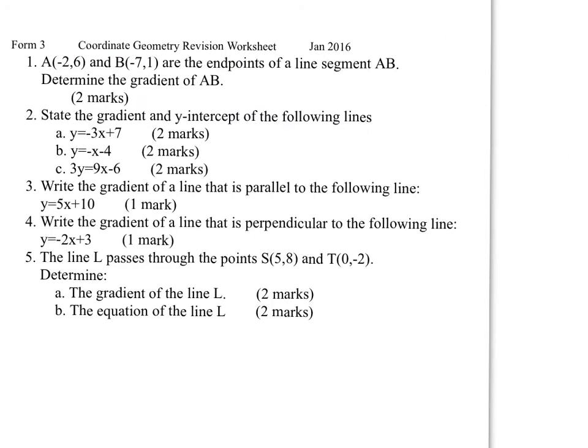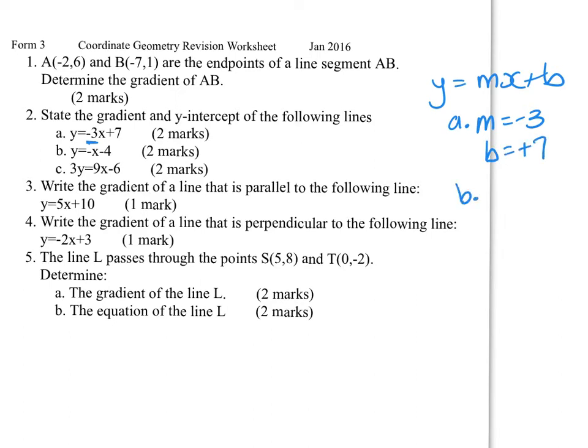Number 2. They would like us to state the gradient and the y-intercept of the following lines. We know that the gradient is the coefficient of x when it is in the form y equals mx plus b. So the coefficient of x here is minus 3. For A, the gradient is minus 3 and the y-intercept is 7.